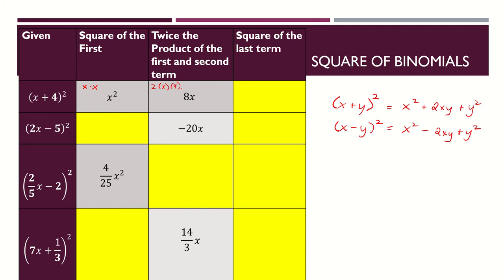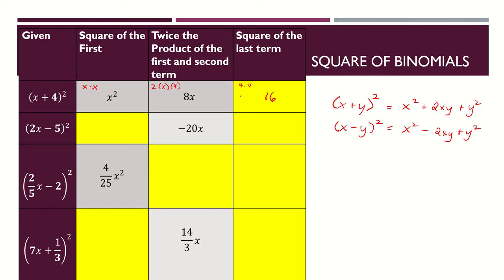So kaya siya naging 8x. Kasi 2 times x is 2x times 4 is 8x. Then, square of the last term, square ulit yung word. Ibig sabihin, we will multiply positive 4 by itself. So, 4 times 4. Therefore, our answer is 16. Okay, so just type 16.